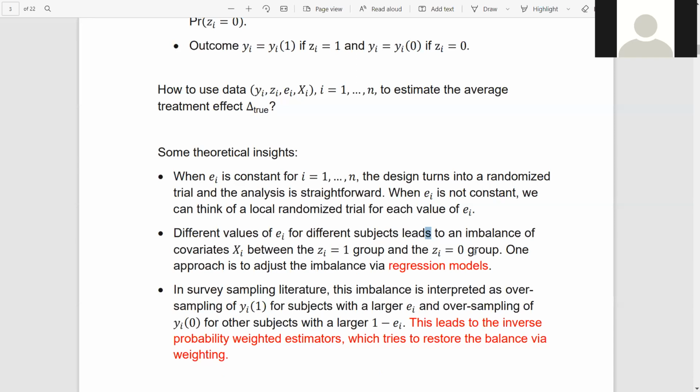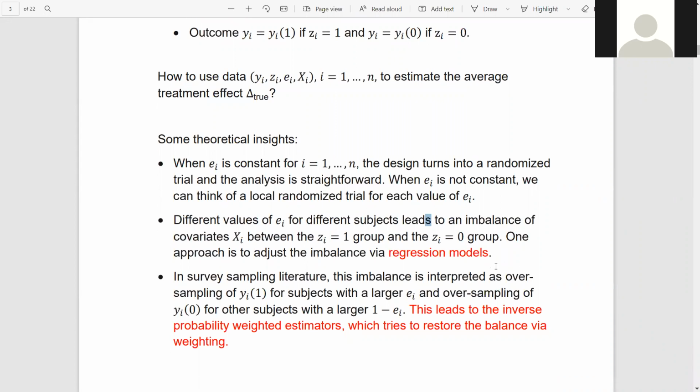So we have an imbalance of these confounders between the two treatment groups. As statisticians, we all know that we can use regression to adjust for the imbalance. But of course, although it's very useful, it has its limitations.